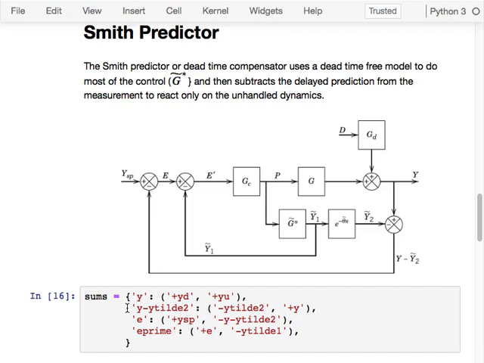The second thing is that these are a lot simpler to implement than IMC controllers, in the sense that they are a purely augmentative idea. In other words, you start with a controller, you have exactly the same controller still wired into the plant, right? And then you say, oh, control performance isn't great.